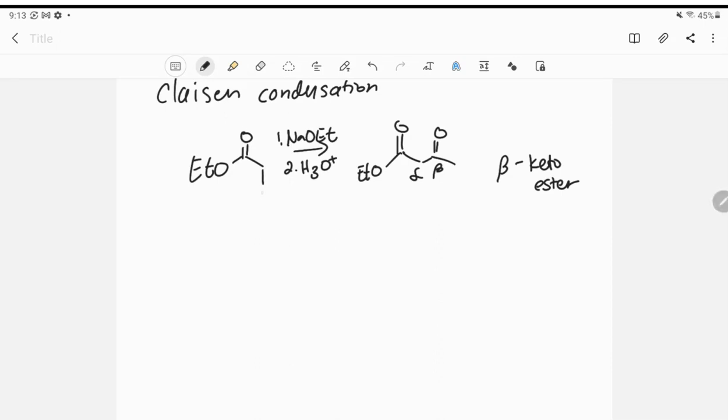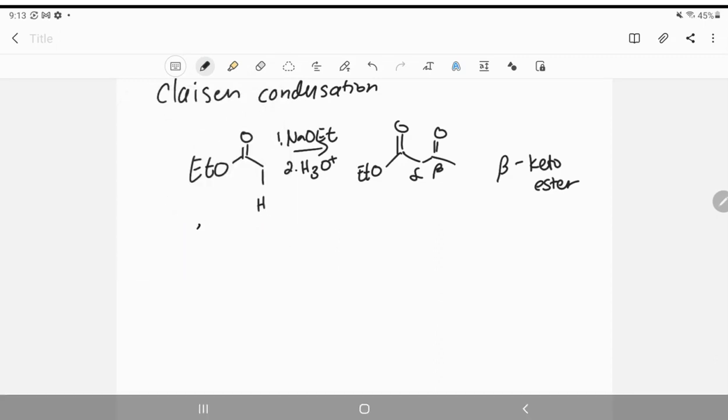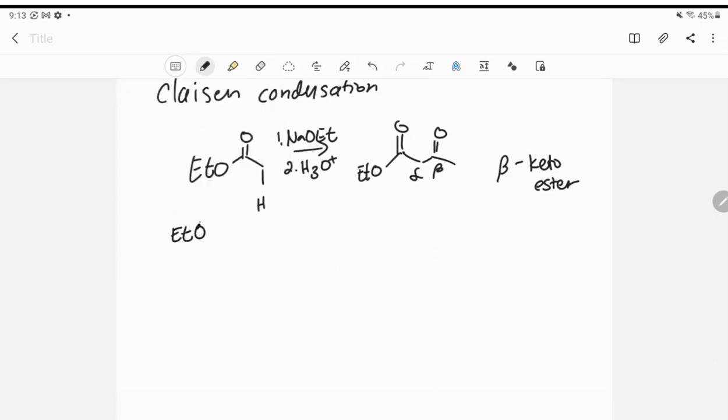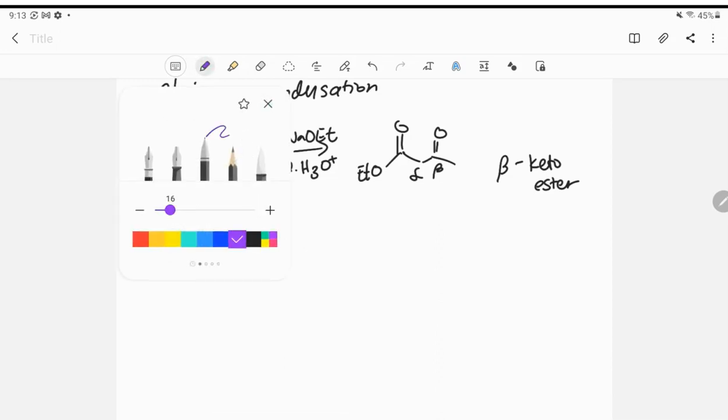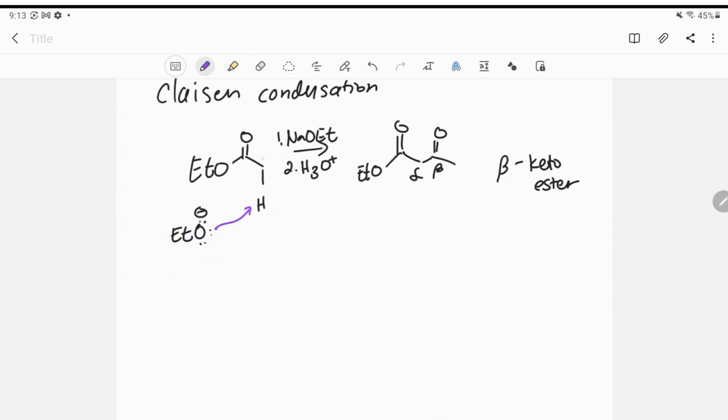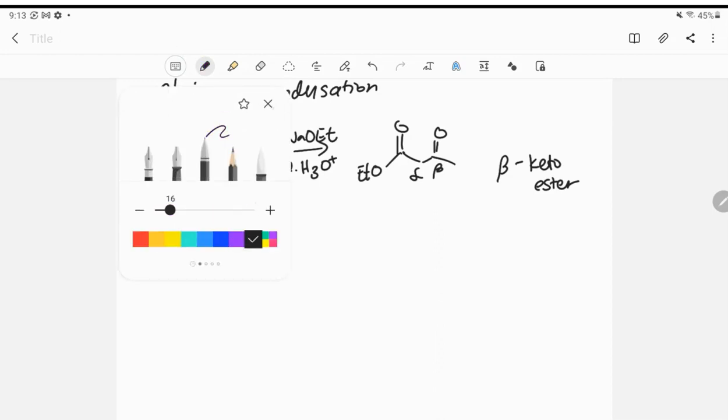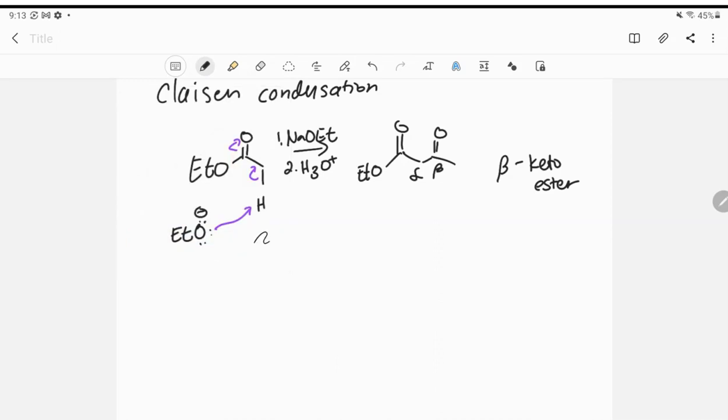So mechanism, let's take a look at that first. We have our base here. Going to go grab the proton. Going to kick the electrons up. These are always equilibrium.